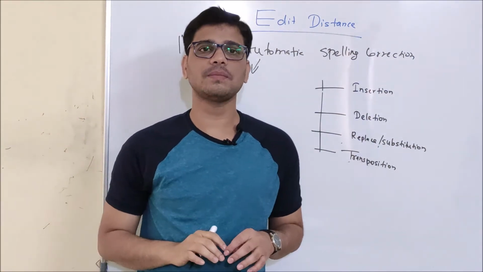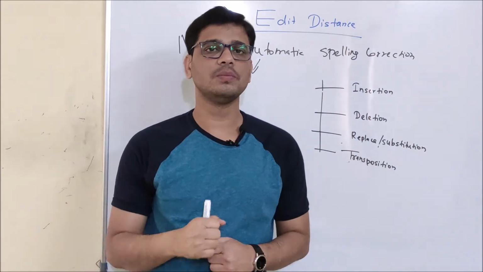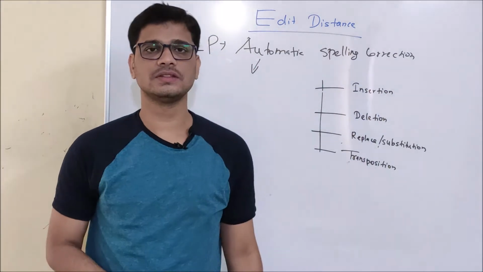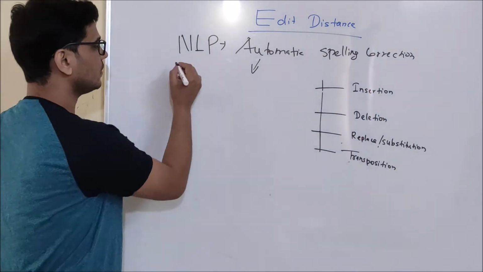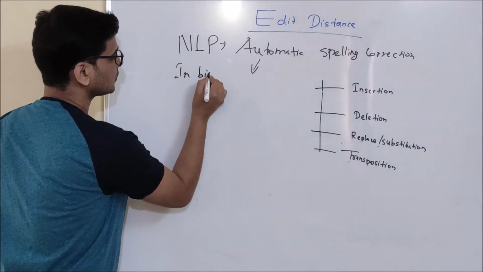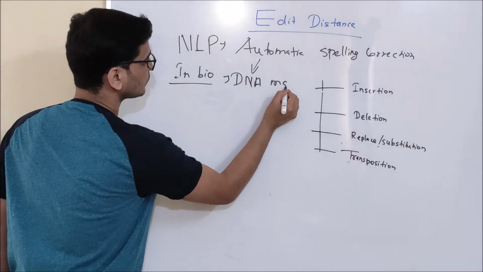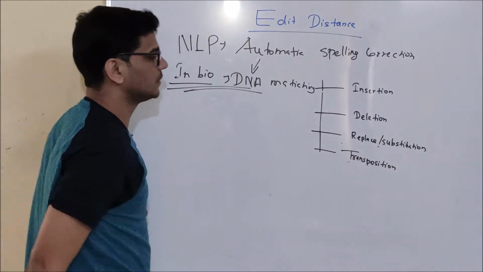See, whenever you are typing something on Google and searching for it, it is going to correct spelling automatically for you. And what is the underlying algorithm? Edit distance. And what is the second example? Second example is in bioinformatics. And what is that? DNA matching.